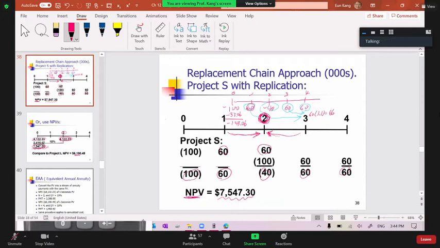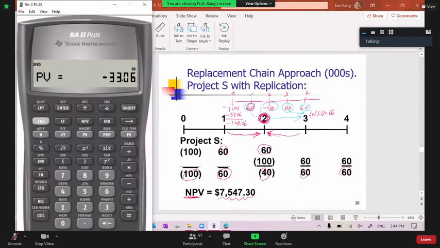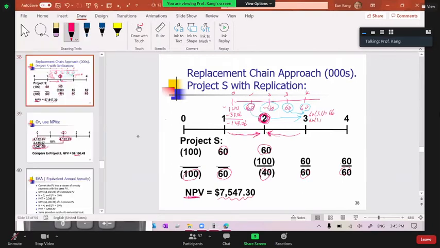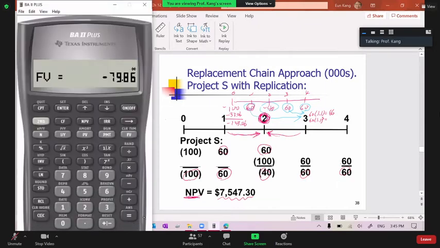So using our technology, 60 present value, 3N, from 1 to 4 is 3 year, and 10 IY, and compute future value, 79.86. So this one is 60 times 1.1 cubed is 79.86.